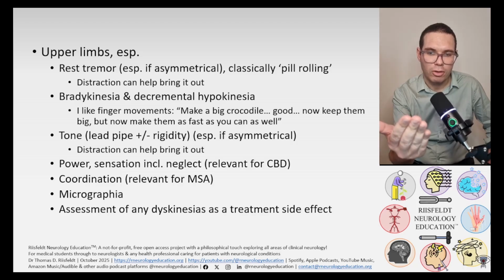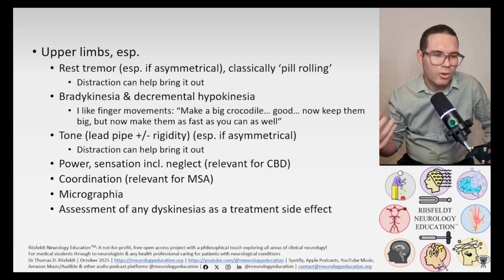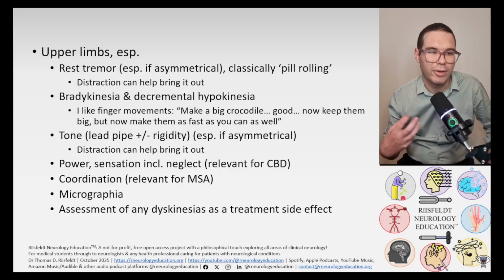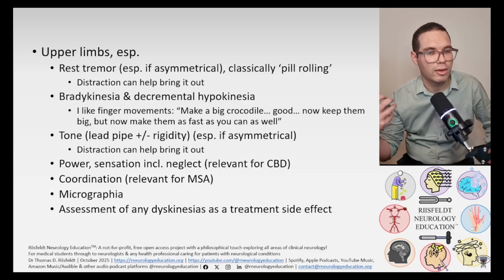So the second through fifth digits adducted, and then the thumb MCP moving in between opposition and non-opposition to roll a pill in between the fingers. You don't always see that classic pill rolling tremor. There can be lots of other types of tremor, and it often involves the wrist, and it can involve other joints in the upper limb as well. But just so that you know, if someone says pill rolling tremor, that's what they're referring to.